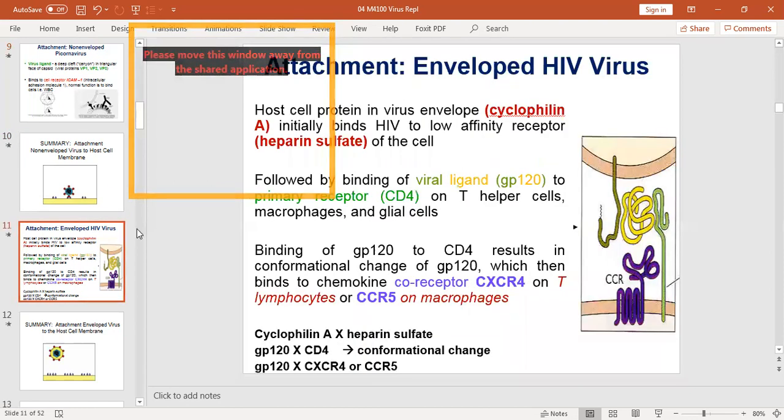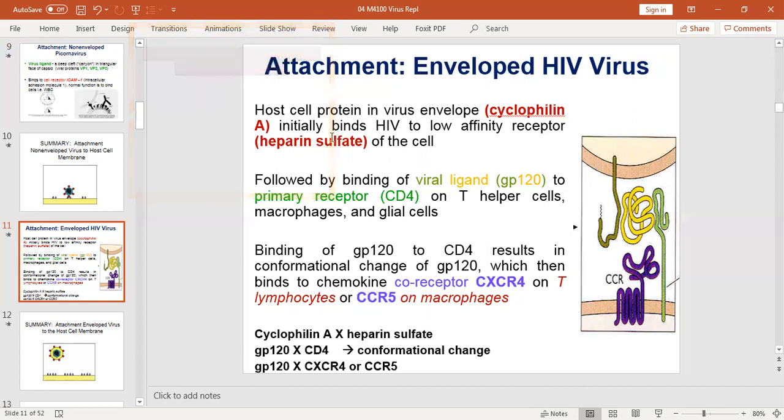Slide number 11. Let's talk about attachment of an enveloped virus such as HIV, human immunodeficiency virus. There is a host cell protein within the virus envelope called cyclophilin A. It initially binds to HIV, to low affinity receptor heparin sulfate of the cell.